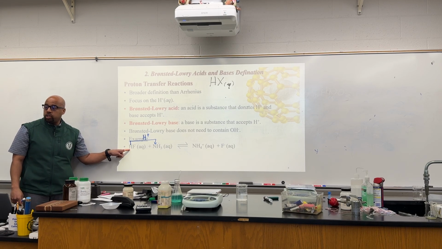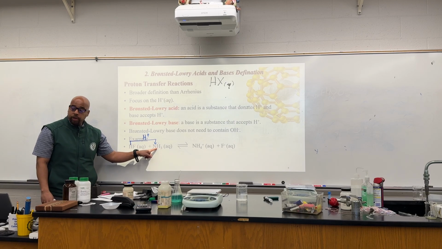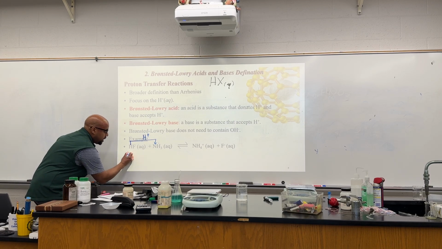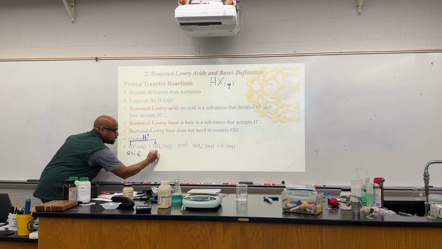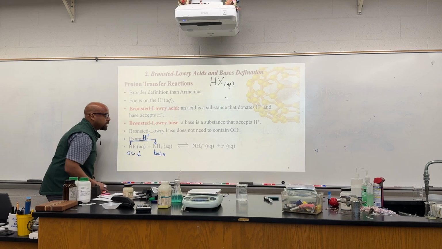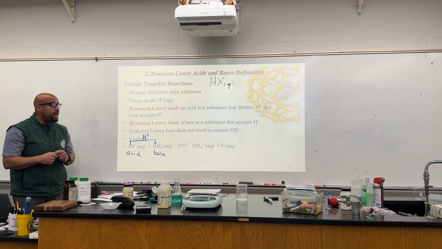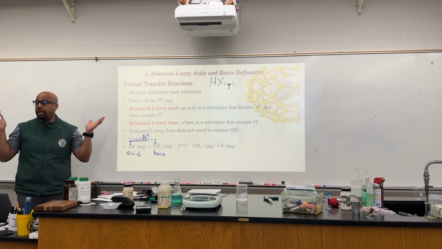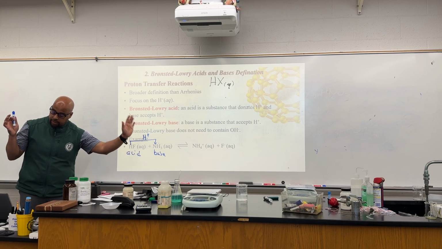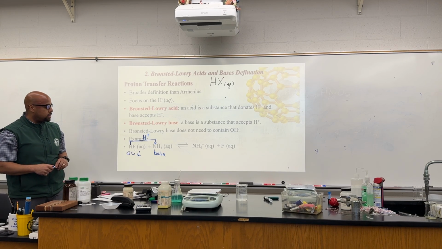You are the hydrogen cation donator. You over here are the hydrogen cation acceptor. So I can say you will be the acid, and because you're accepting the hydrogen cation, you are going to be classified as my base. As simple as that. Whoever donates, acid; whoever accepts is going to be the base.